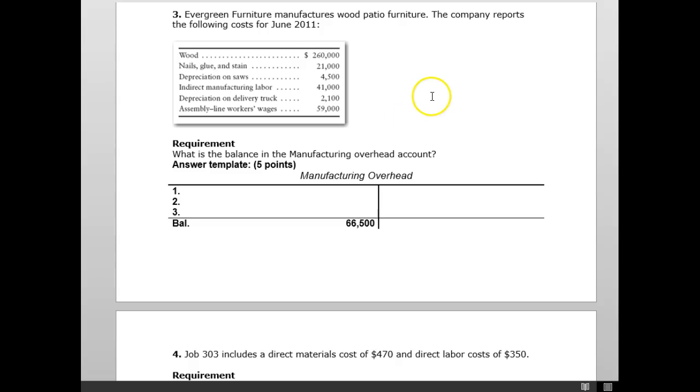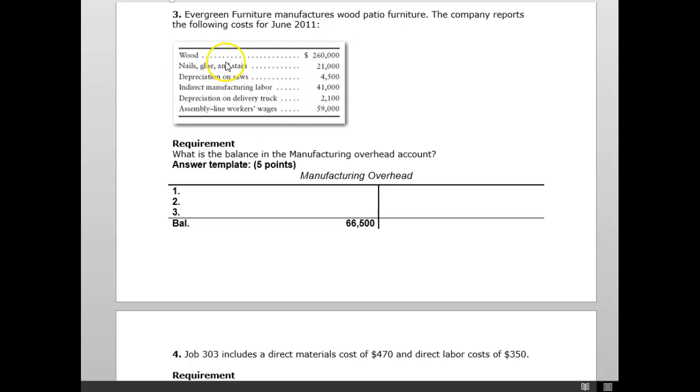If you look at number 3 now, number 3 is wanting you to find manufacturing overhead. And you know manufacturing overhead by now is going to have indirect material, which are the nails, the glue, the stain. Depreciation on the saws, that's pretty well defined. That would be a manufacturing overhead. And what else do we have? There's some indirect manufacturing labor. That would be considered manufacturing overhead.